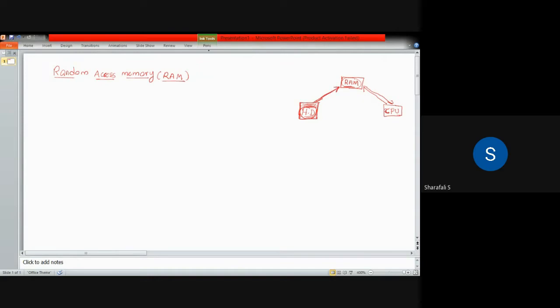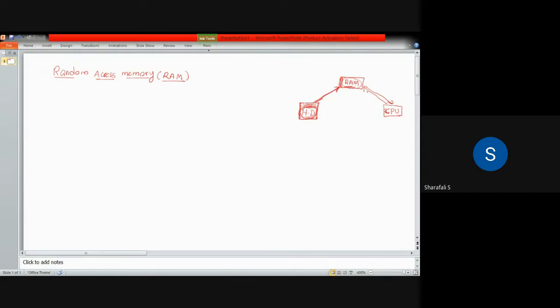When you press your WhatsApp icon on your mobile phone, that will be loaded in this RAM, and from there onwards, the application or that particular software will be running in this random access memory.